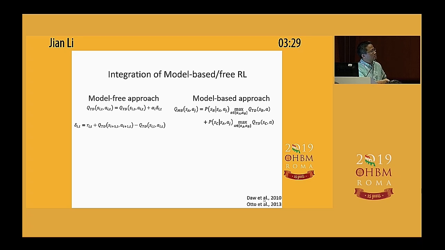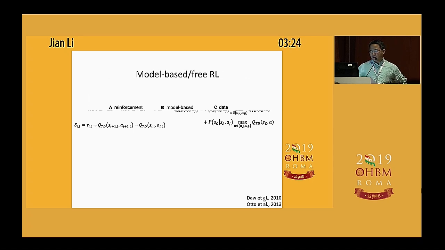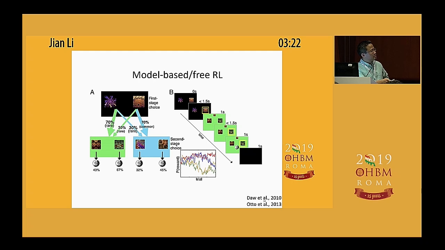In a model-based approach, things can be quite different. In this case, you assume people already know the state transition matrix. For example, somehow people already have a map in their mind. They know that by choosing the options on the left, they have a 70% chance of going here and a 30% chance of going there.